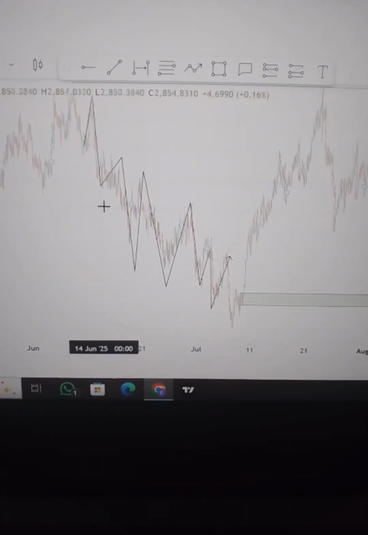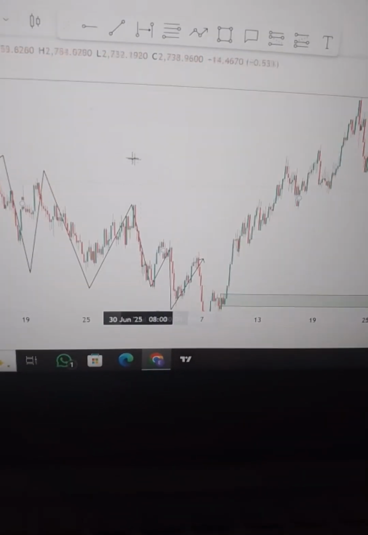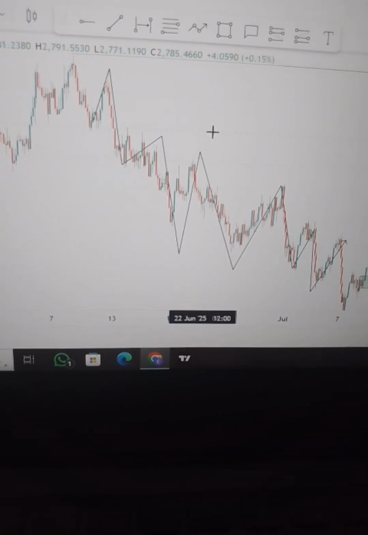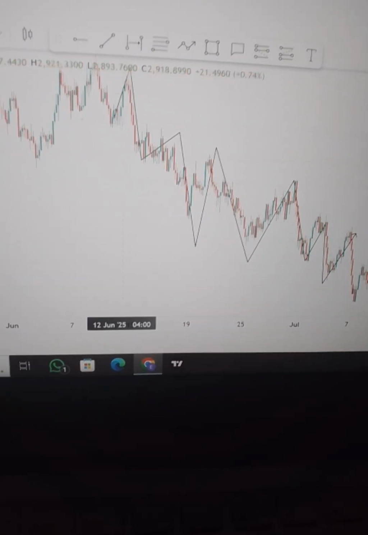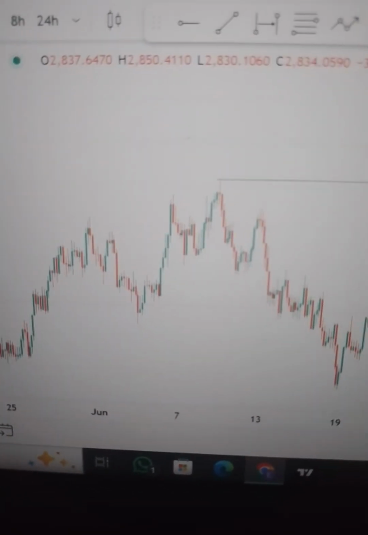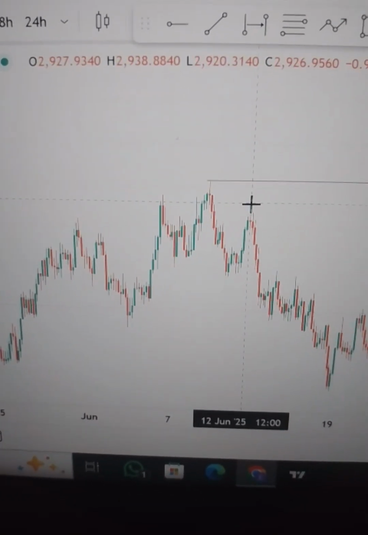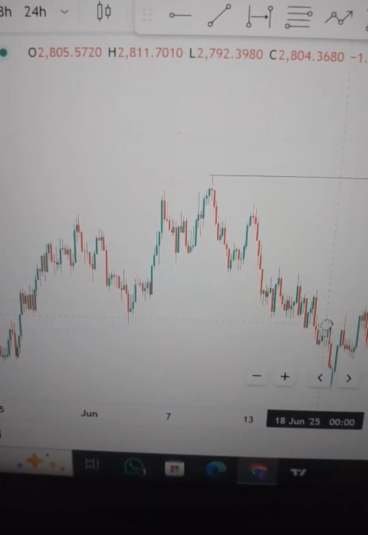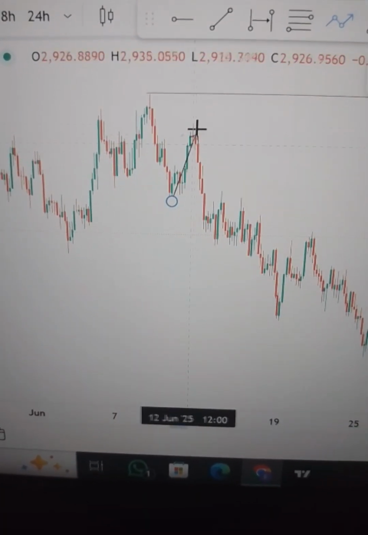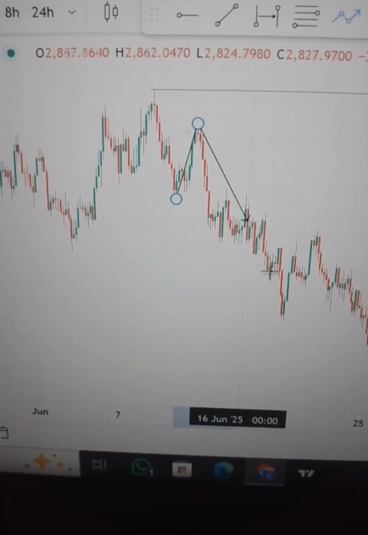So coming down to here, my normal market structure, break of structure lies. Market structure, look at it here. And delete this thing. The market actually goes high, goes low. So let me use this. It goes high, goes low.